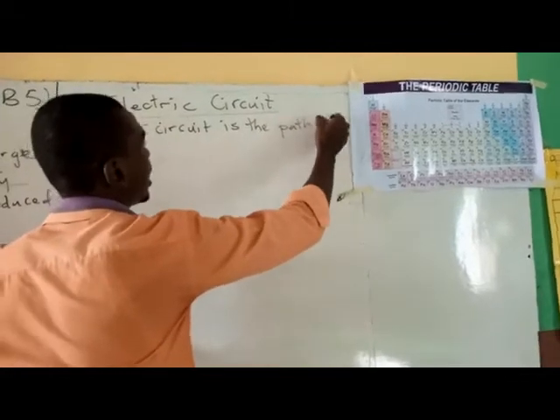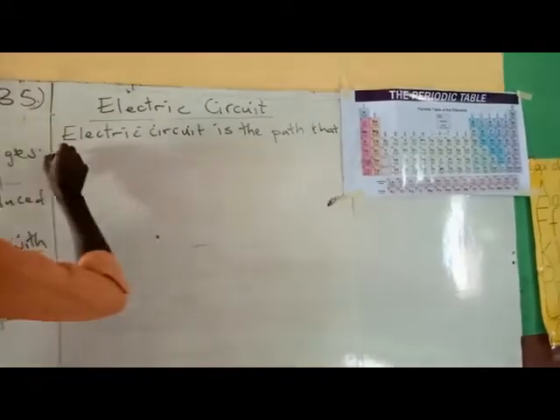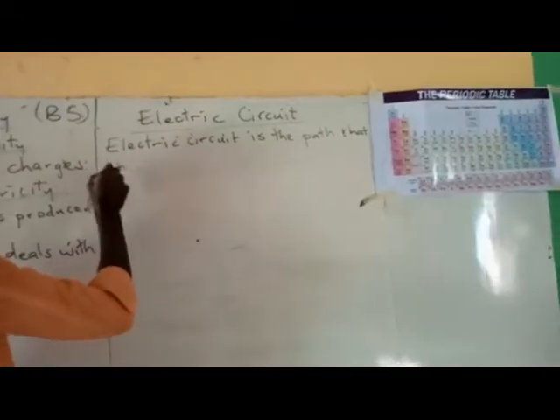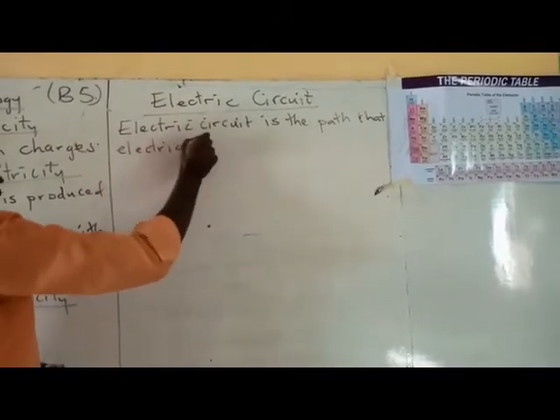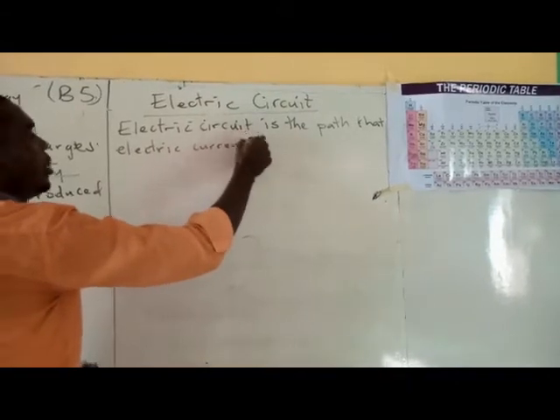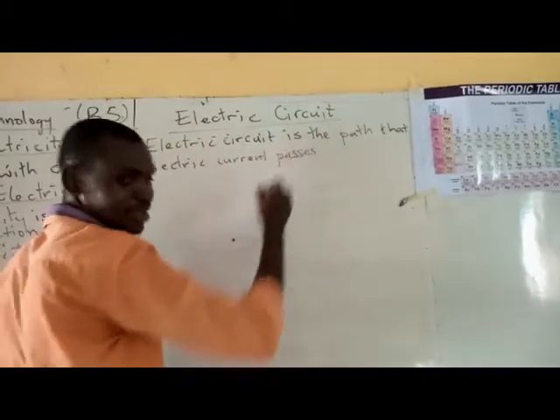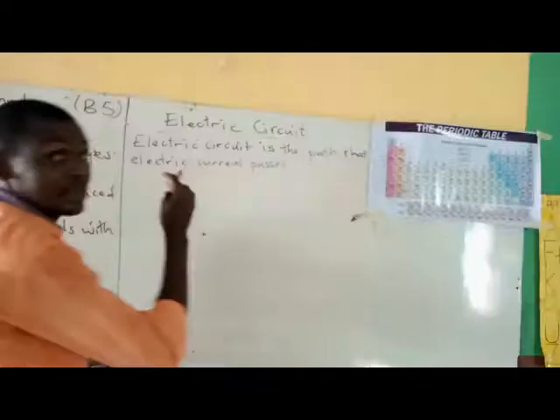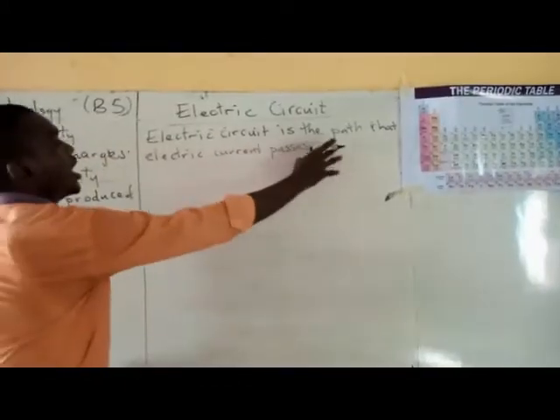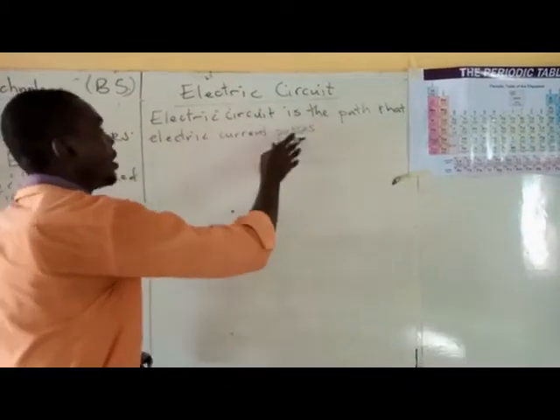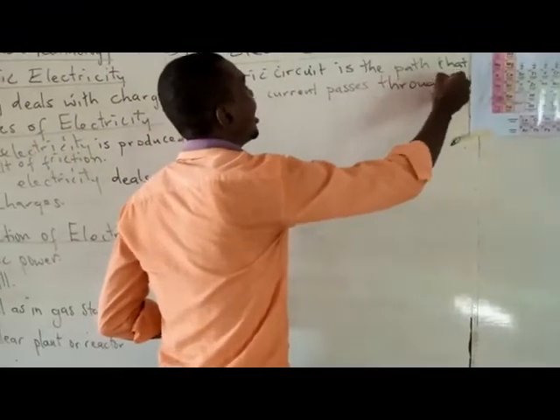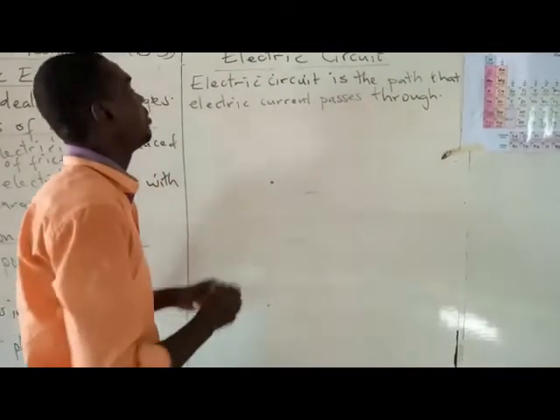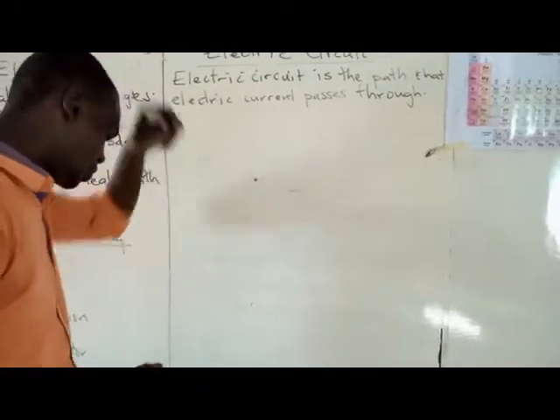It is the part that electric current passes through. Electric circuit is the part that electric current passes through.